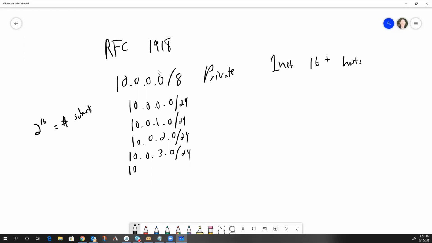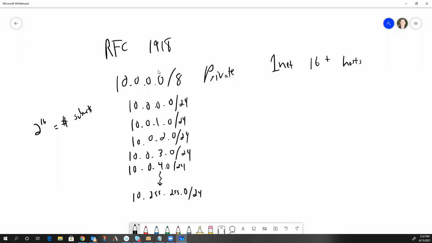So I could go all the way down. By the way, the last usable network here, if I do my math right, would be 10.255.255.0/24. So I'd go all the way down to that.